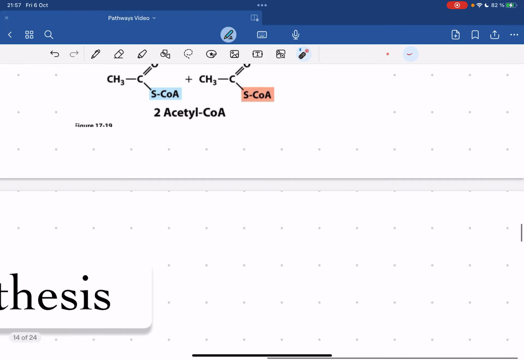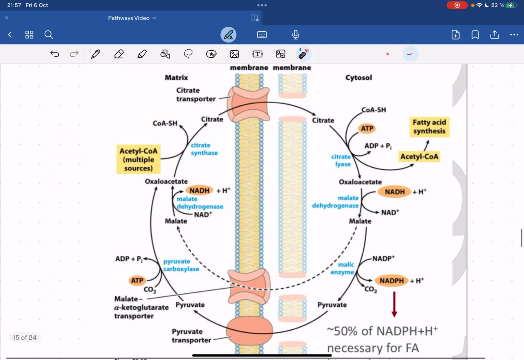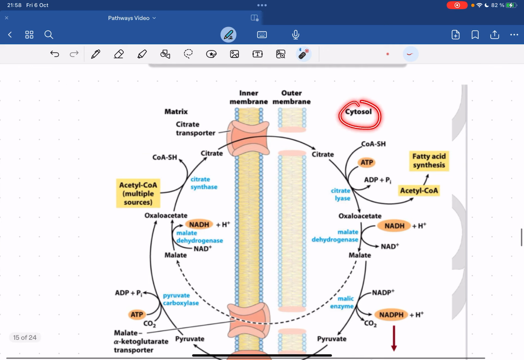And then instead of the citric acid cycle, the citrate will take this acetyl-CoA that we get from the beginning of the citric acid cycle, and then together with oxaloacetate, it will create the citrate. The citrate will now go through the matrix of mitochondria into the cytosol and then give away this acetyl-CoA.